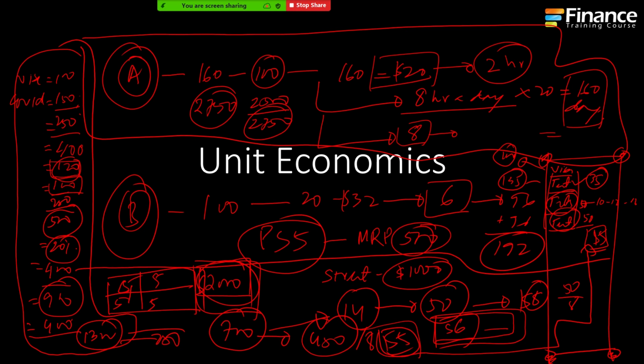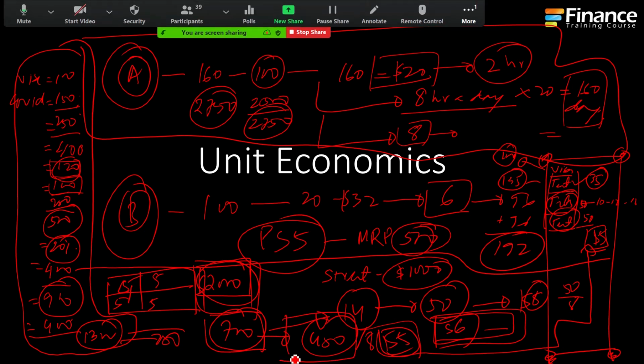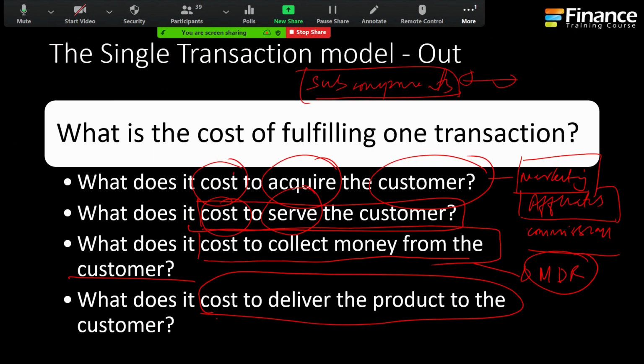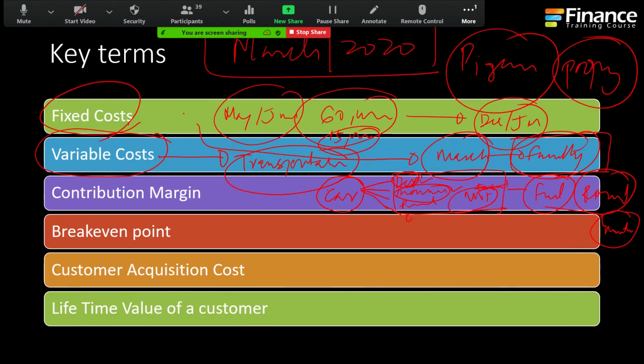The amount that was left, depending on how you slice and diced it, was between $700 to $450. So this was the contribution margin on the PS5 transaction. Amount that's left to offset, to pay off your fixed costs.